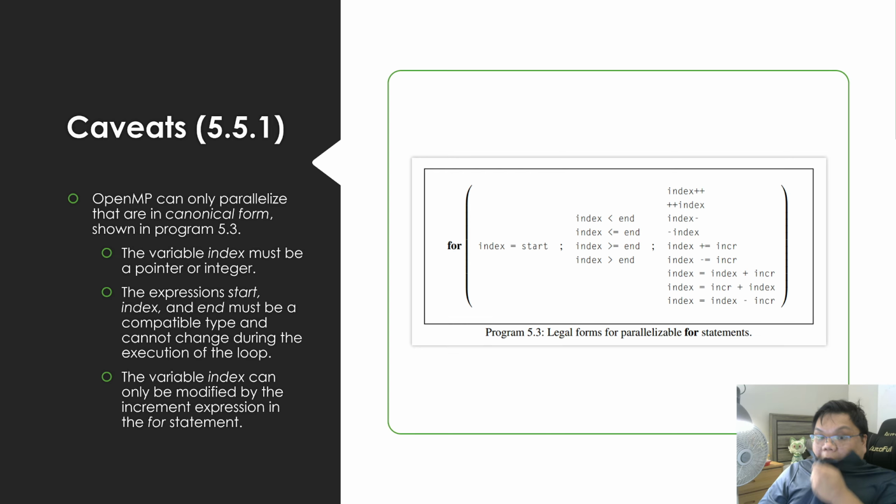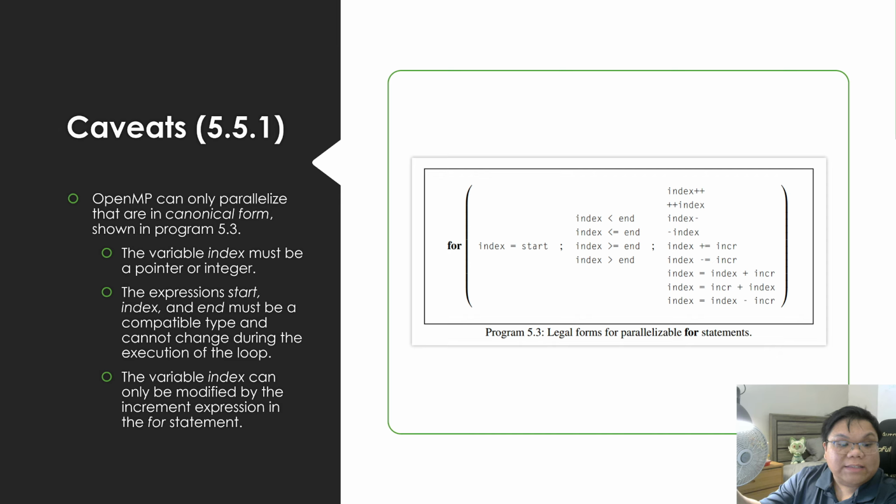Your index is also going to have a definite end position, and your index is going to be incremented consistently. So it's going to be plus plus, or minus minus, or some increment amount. Also, the expressions start, index, and end must be of a compatible type, and none of this can change during the execution of the loop.